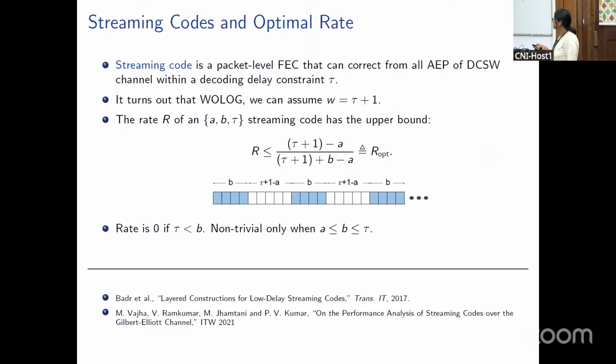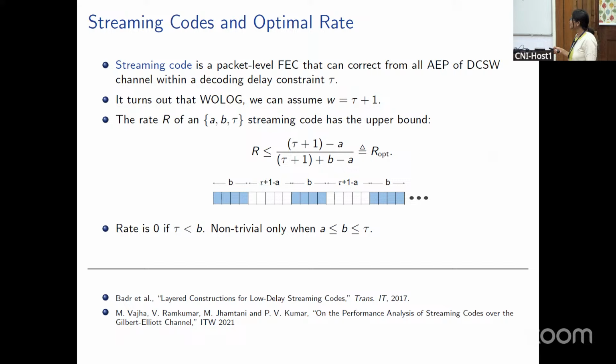To see why this is acceptable, you can look at a window of tau plus 1 size, with b erasures and some intersection from the first period and some intersection from the next period, but the total quantity of that will be upper bounded by a because you are looking at a window of size tau plus 1. So this is an acceptable erasure pattern, and you are able to pad only tau plus 1 minus a symbols for this entire length. That is how you get this rate upper bound. The numerator is how you get it, and the denominator is just the same plus b added up.